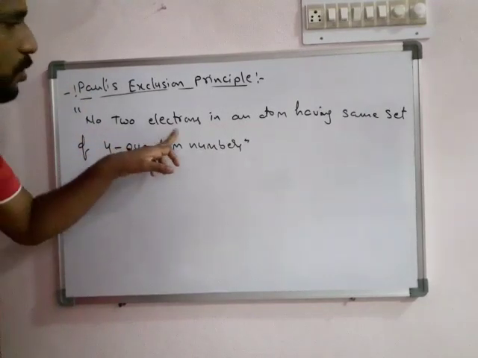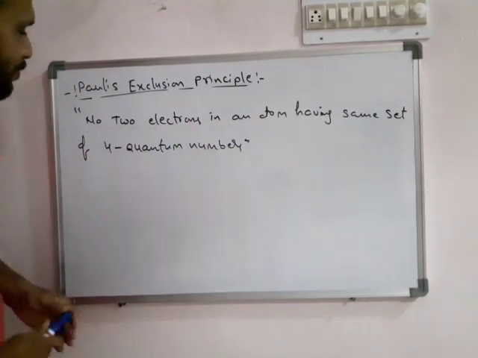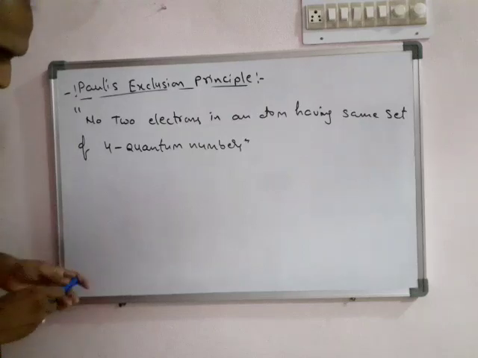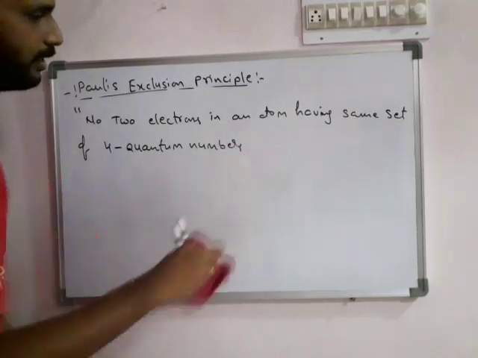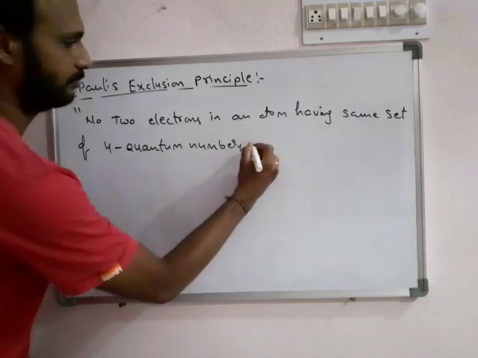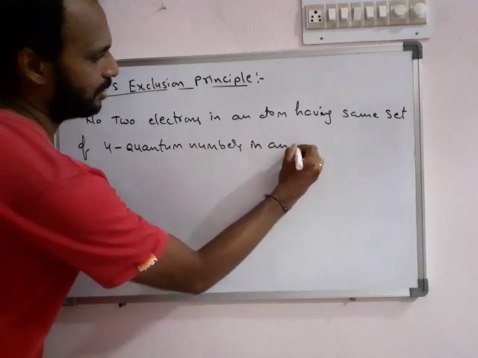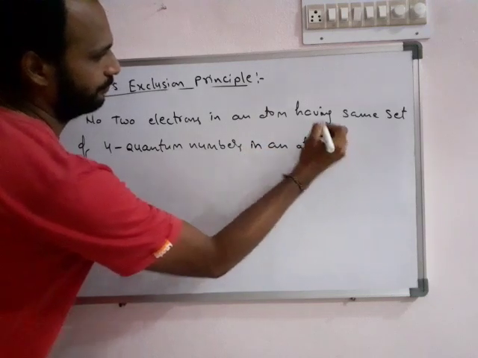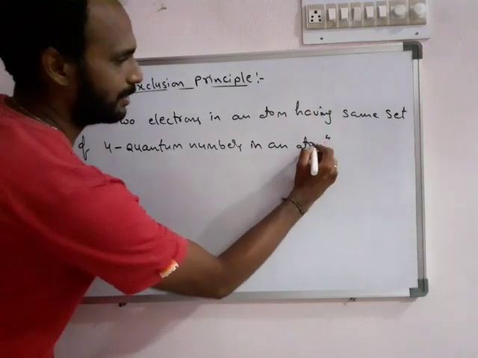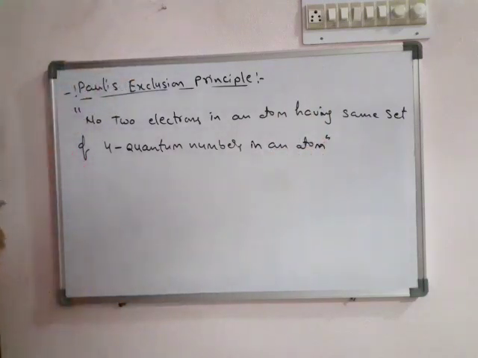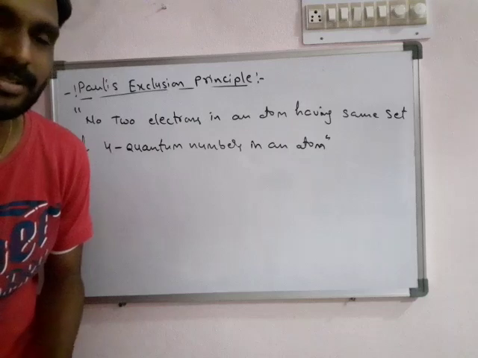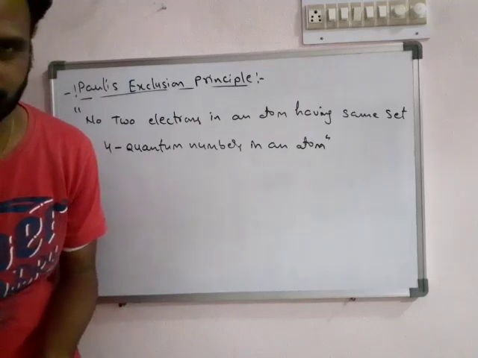No two electrons in an atom having same set of quantum numbers. Very important word, in an atom. ఒక atom సంబంధించిన electrons లో no two electrons are having same set of 4 quantum numbers.